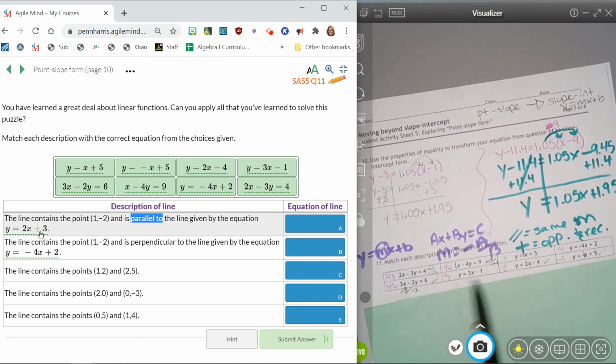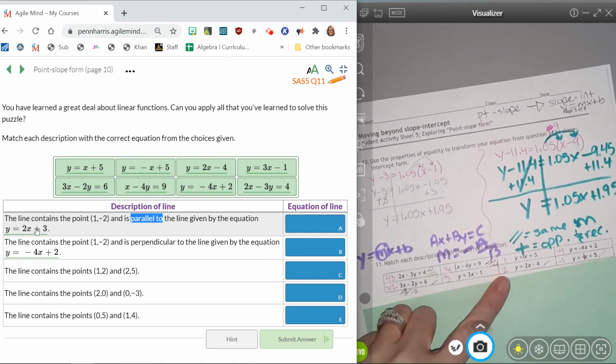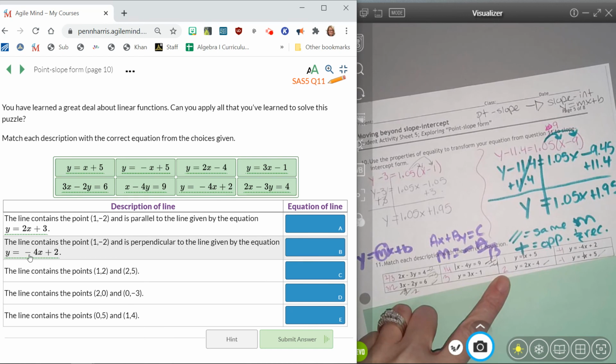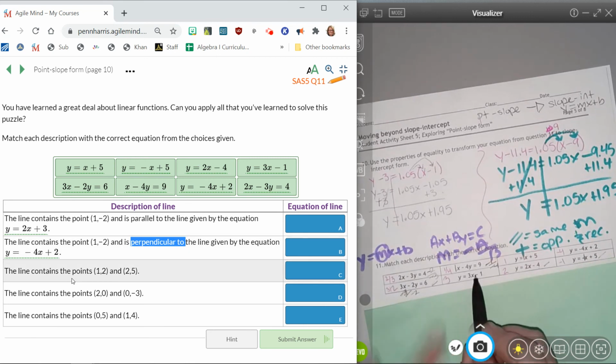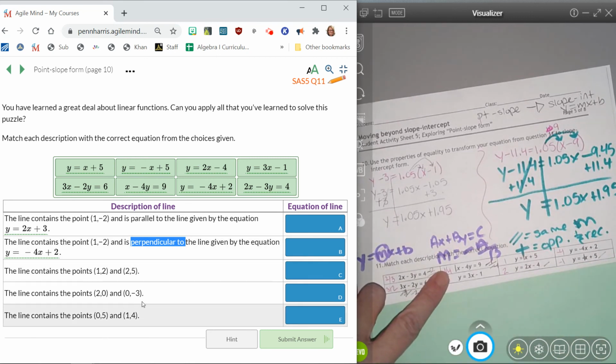What other slope did we say had a slope of 2? 2x minus 4. Okay, this equation has a slope of -4, but they want perpendicular. So opposite would be a +4. The reciprocal would be +1/4. So our answer choice was 1x minus 4y.